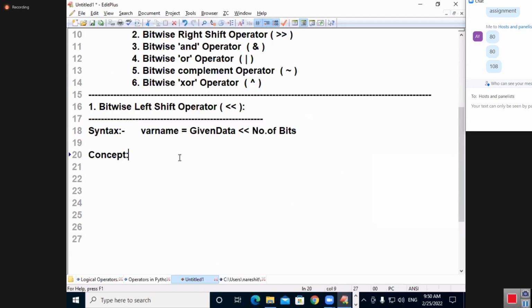So I'm writing here the concept of the left shift operator.